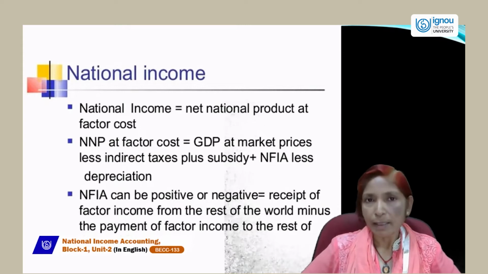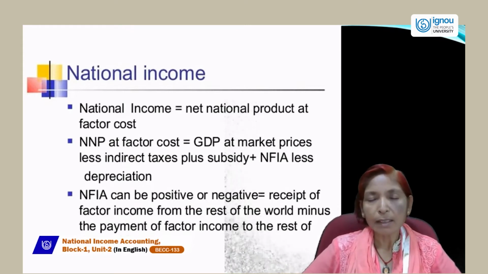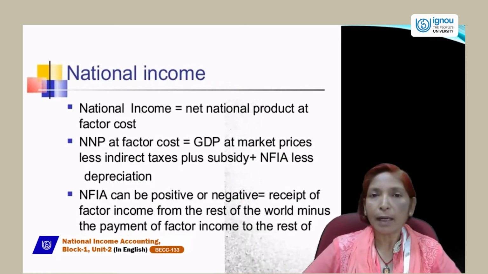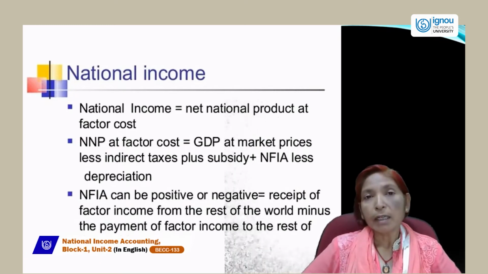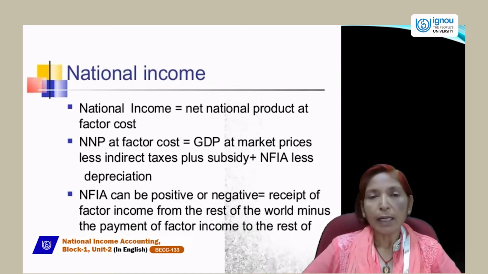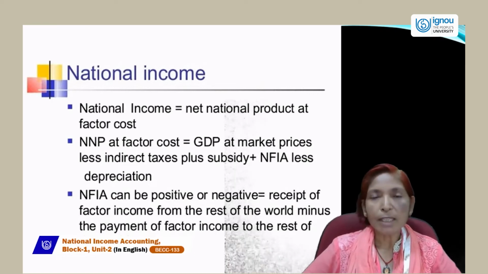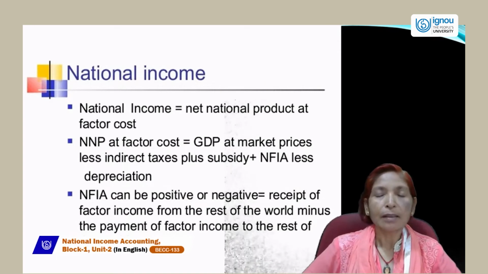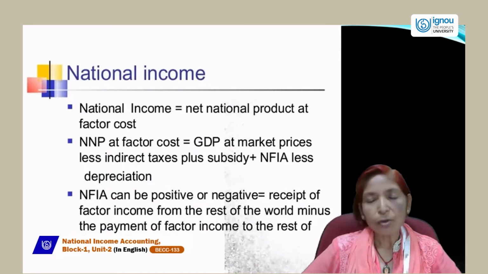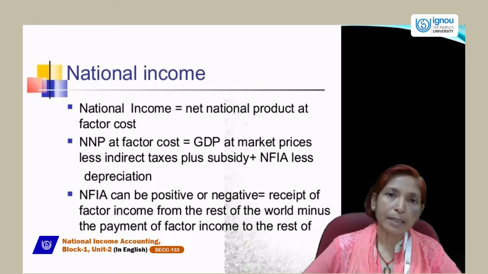When a commodity is offered for sale in the market, the government imposes taxes on that commodity, which are known as indirect taxes, like GST. So when a commodity comes to market for sale, indirect taxes are added to its price, so the price will increase. If the government provides subsidies to the farm sector, then the price will decrease. So NIT is the difference between indirect taxes and subsidies.